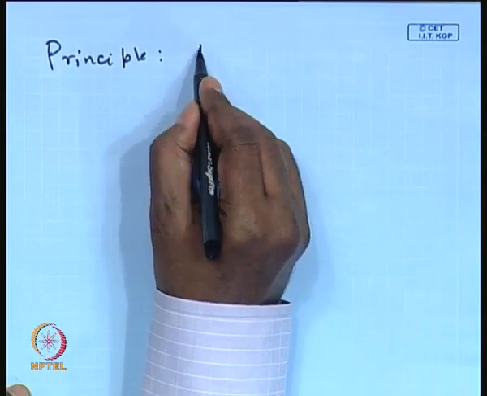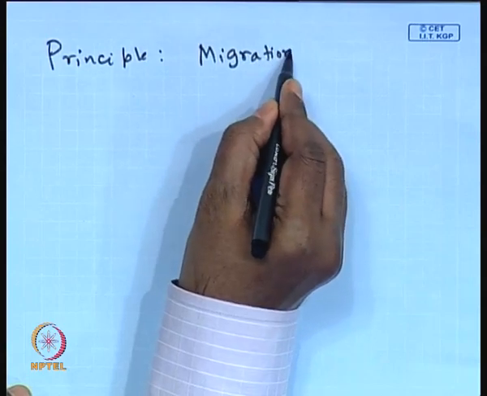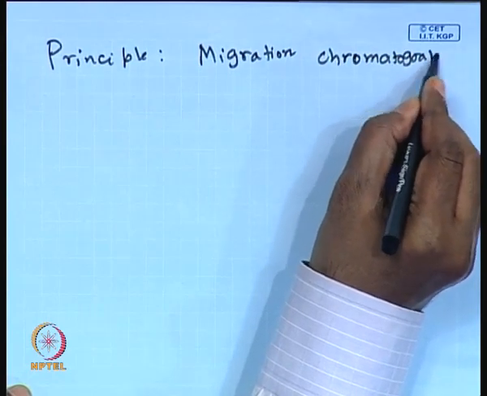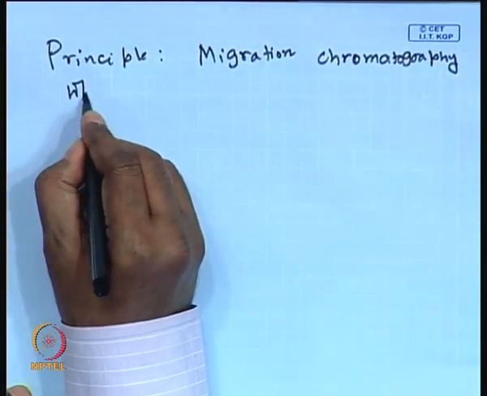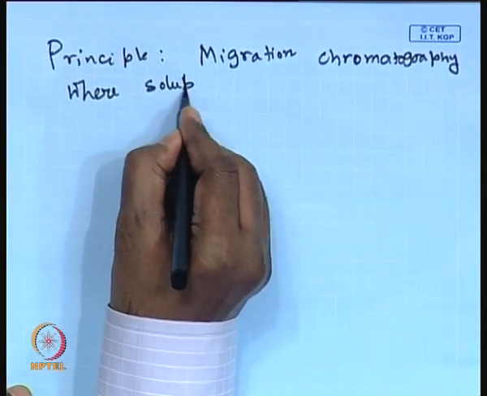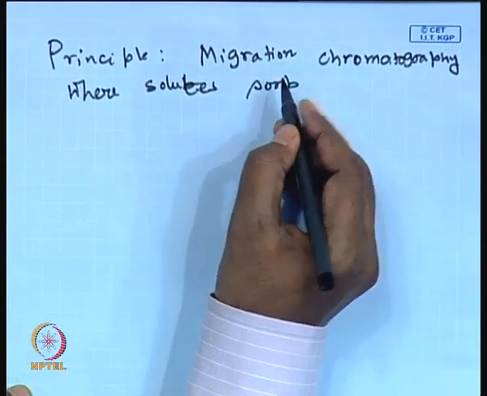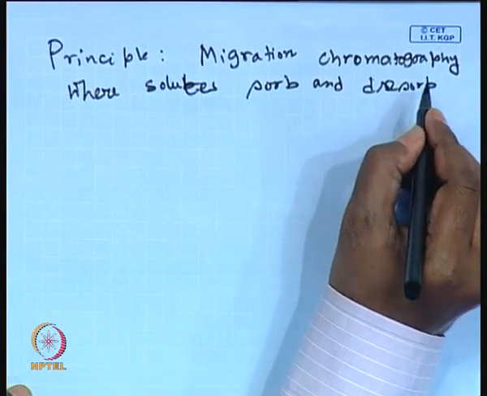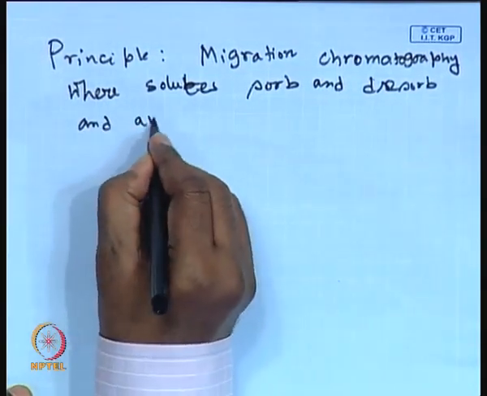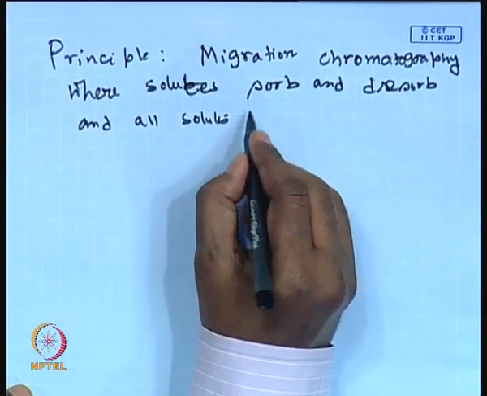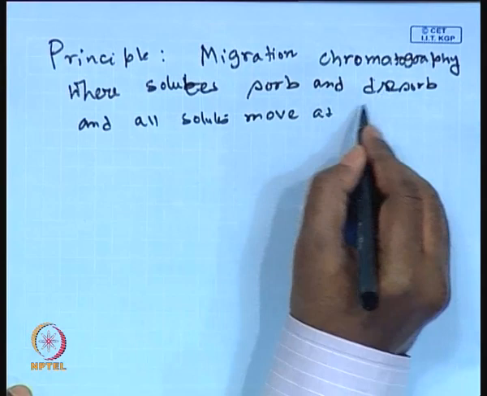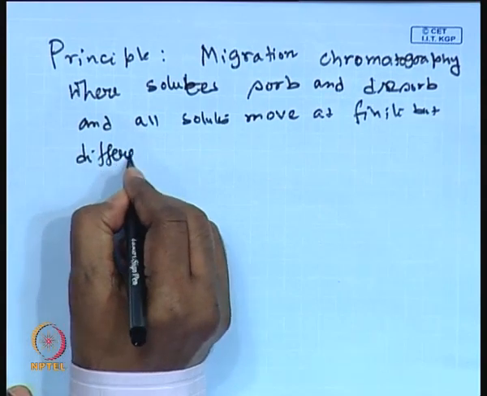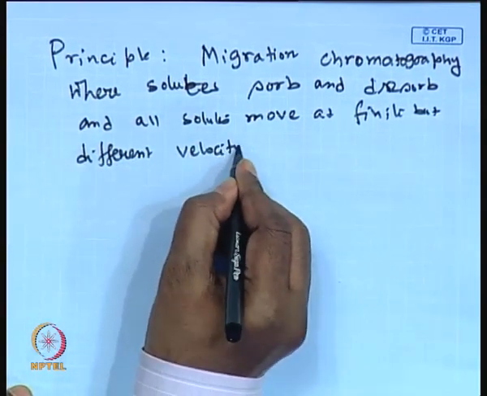Okay. So, the working principle is, it's also known as the migration chromatography, where solutes sorb and desorb and all solutes move at finite but different velocities.